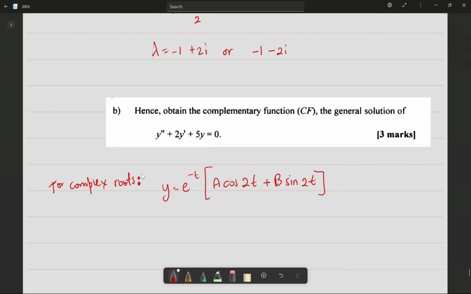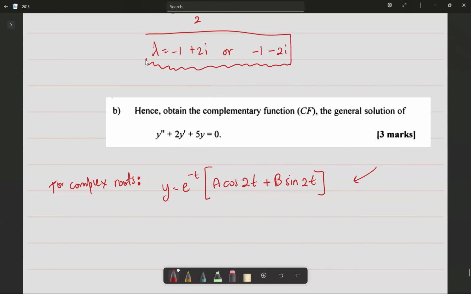I'm going to assume the question you're asking is, how do I know that this is the complementary function? The complementary function comes from the roots that you had originally.